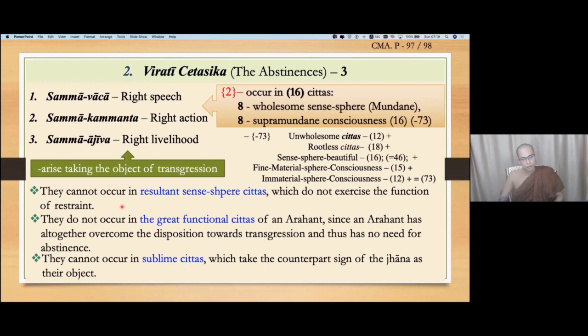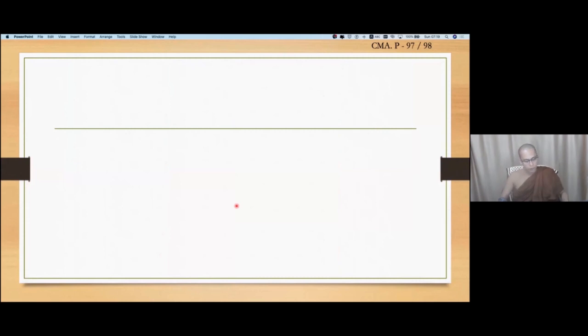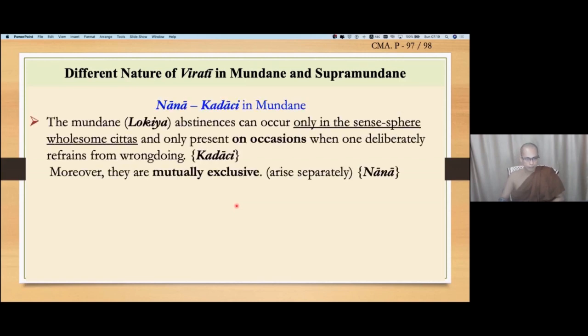So here, these are 3 groups. We need to make a note. The group of consciousness, the abstaining mental factors cannot arise together. Okay, so more about the abstaining mental factors, the different nature of viratis. So they have different nature in mundane and supramundane level.